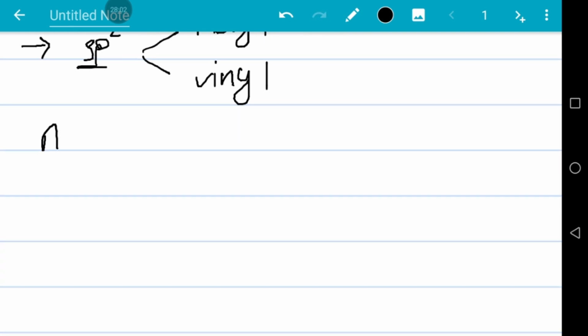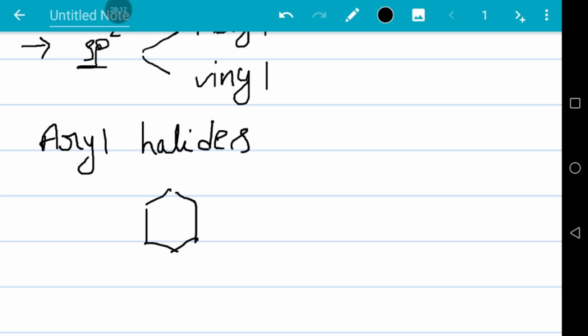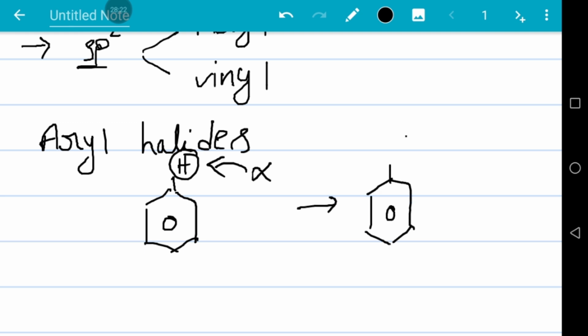Now aryl halides, already we discussed this aryl halides. What is the aryl halides? From aromatic compounds, for example benzene. Here hydrogen is replaced by the halogen, then we will get the aryl halides. So that is one of the definition. And one more definition, here halogen is attached to this carbon.